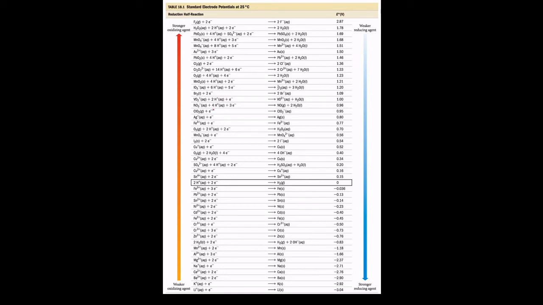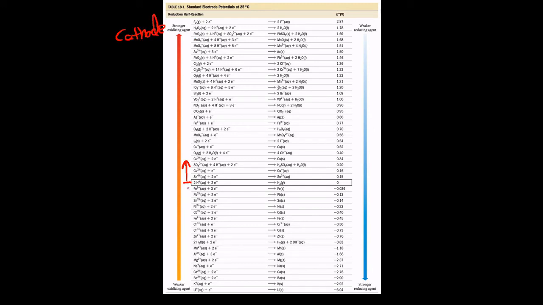Because everything here is shown as being reduced. So everything above right here, because this is the standard hydrogen electrode, everything above this is a stronger oxidizing agent, which means, and again here the nomenclature gets wonky, because it's a stronger oxidizing agent, it's more likely to be reduced, which means the stuff up here likes being the cathode.